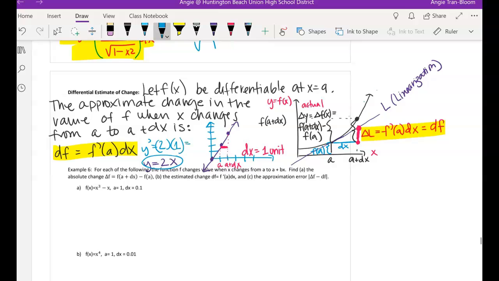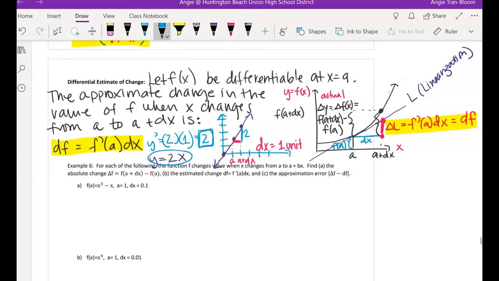So the approximation of the change in y, if I were to go from A to A plus dx, is 2 units. Is that true? Is this 2 units? Sure it is. So that's what it's really saying. If it's a curvature, we are using the derivative to approximate. So it's not always the exact, but it's good enough for us because it's easier to approximate, okay? So that's what this theorem is really saying.